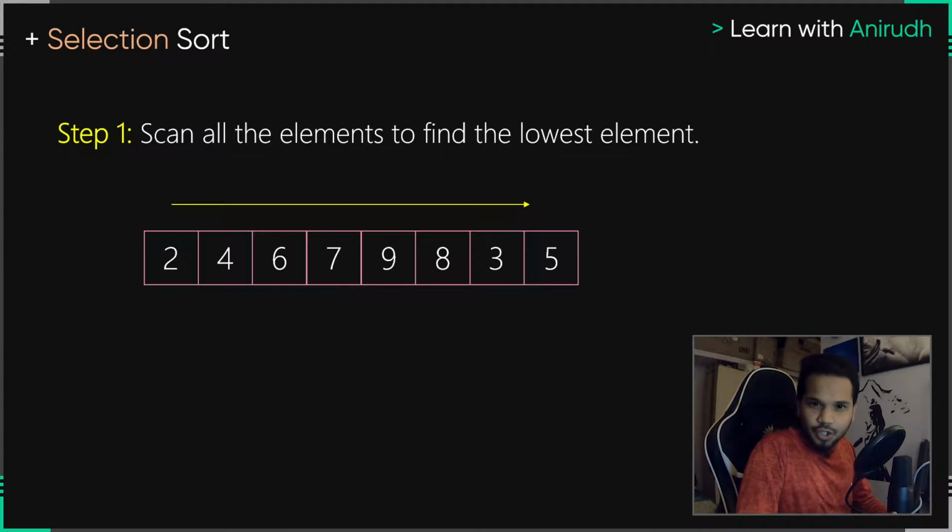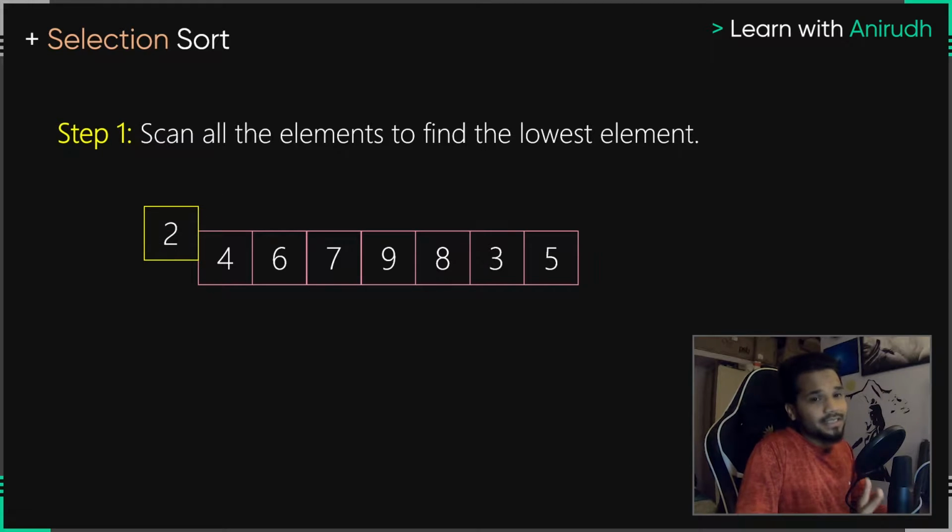The first step in selection sort, step number one always, is to look through all the elements that you have in the array. Look through the entire array right now and find which is the smallest element, the minimum element that you see in the array. Of course, as soon as you take a look at it and scan it, the minimum element is 2. In this case, coincidentally, it is placed in the first position. Now, it might not have been the case. 2 could have been in any other place as well.